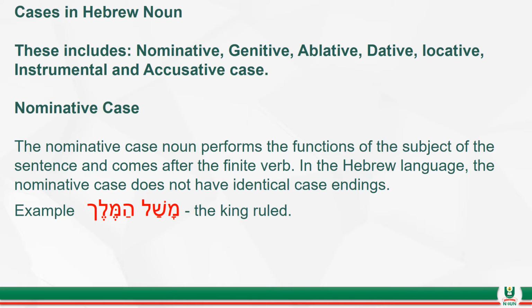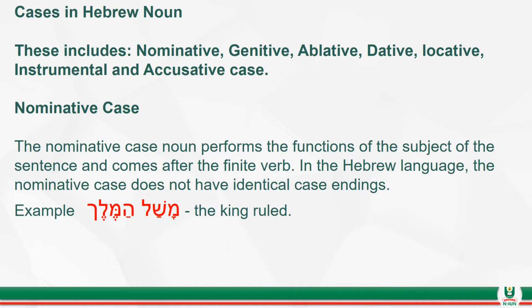Cases in Hebrew language include the nominative case, genitive, ablative, dative, locative, instrumental, and the accusative cases. But we are going to concentrate on three: the nominative, the genitive, and the accusative case for this lesson, for this class today. Let's begin with the nominative case.